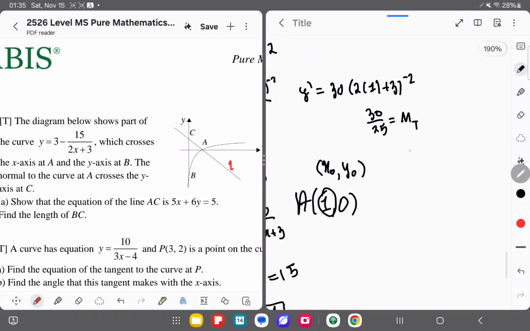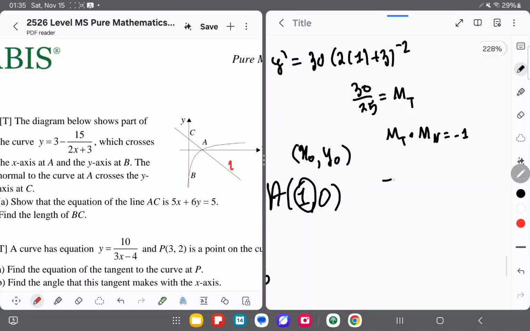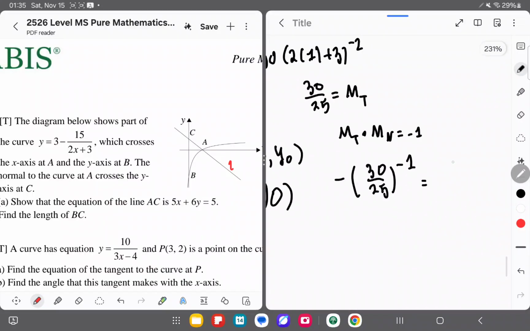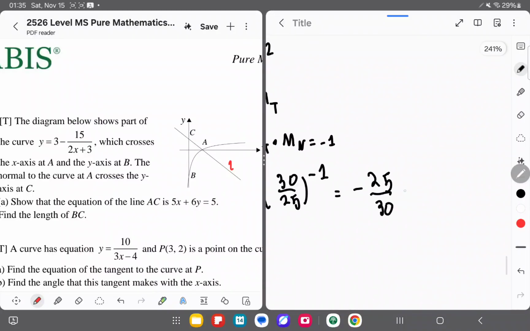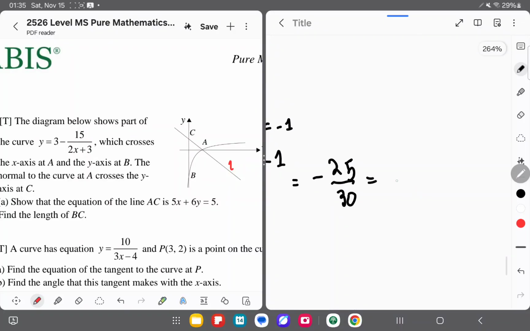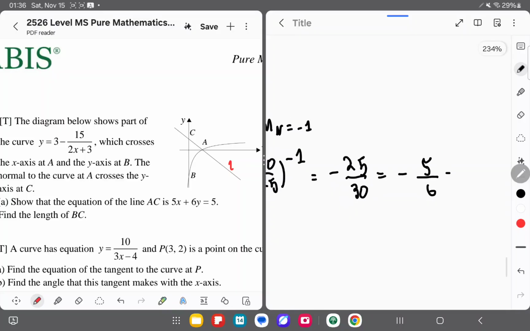You know that slope of tangent multiplied by slope of normal gives you -1, which means the reciprocal of 30 over 25 multiplied by minus gives you minus 25 over 30. Now we can simplify it here. We could have simplified it previously, but I decided to simplify here because it doesn't matter. As long as you have a simplified answer at the end, you get minus 5 over 6 as mn.